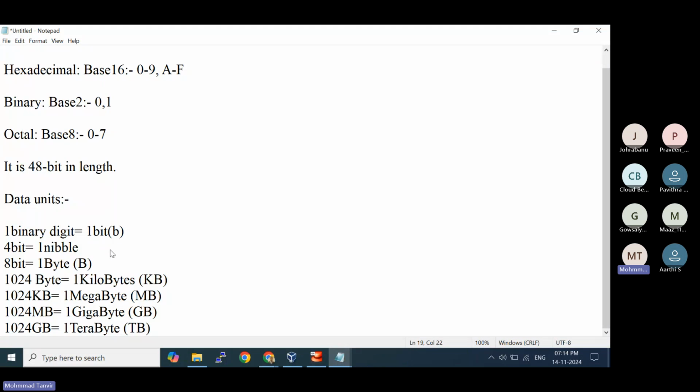So this is how the data units are defined. So when we talk about 48 bits here, it means 48 binary digits are used in this MAC address.